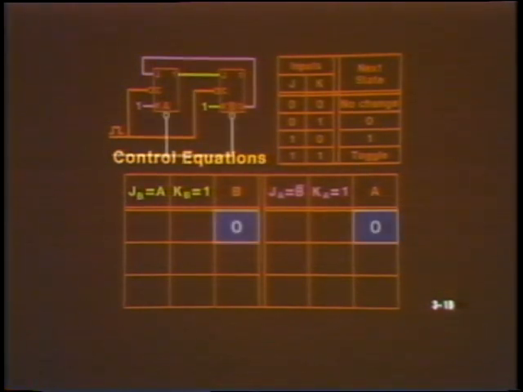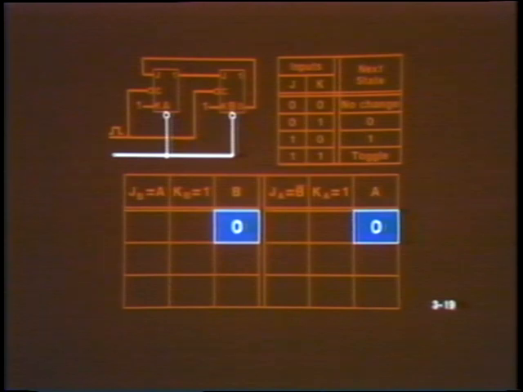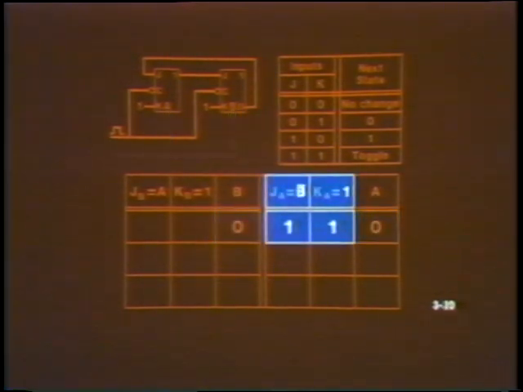Initially, let's say that both flip-flops are reset. The next state of the counter is determined by the current values of the flip-flop inputs. Look at the inputs to flip-flop A. J sub A is the complement of B. So at the moment, J sub A equals 1. K sub A is tied to logical 1, so it won't change.